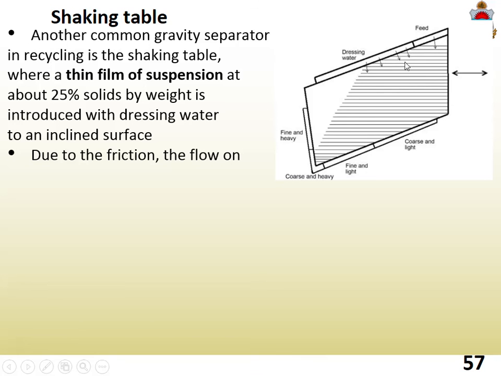And then there is this dressing water or separating water, which will help separate these particles according to their size. So the feed is being introduced from one end. Here the table is moving right to left, and from here a dressing water, which is helping in separating these particles, is slowly being introduced from here.